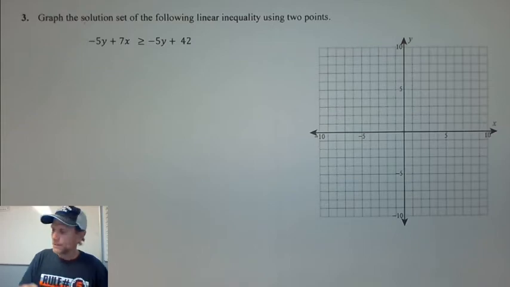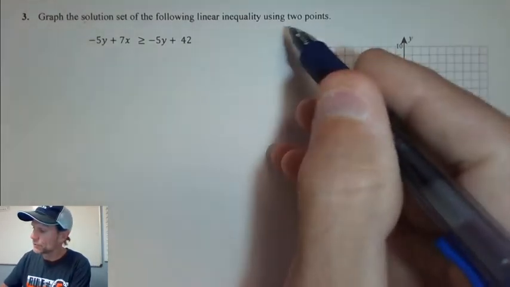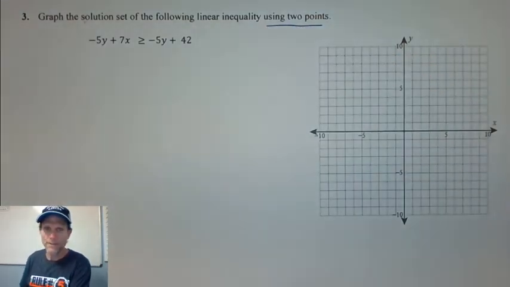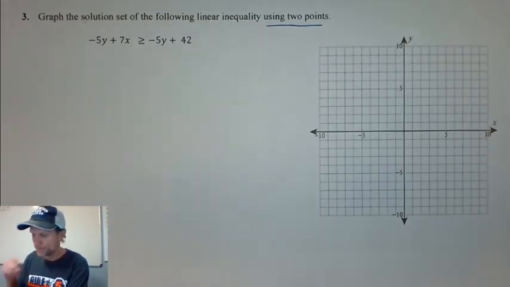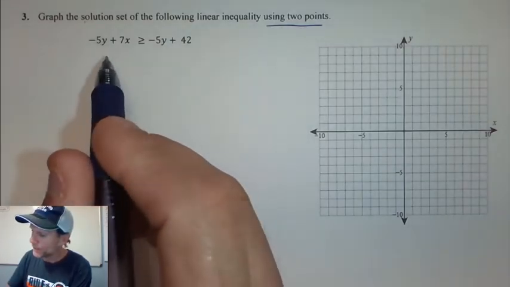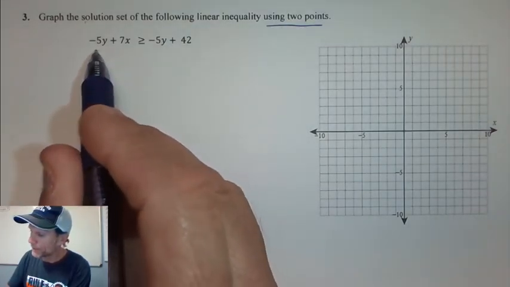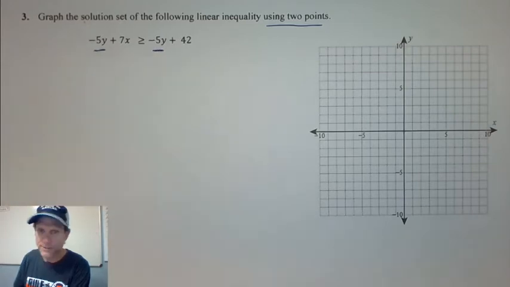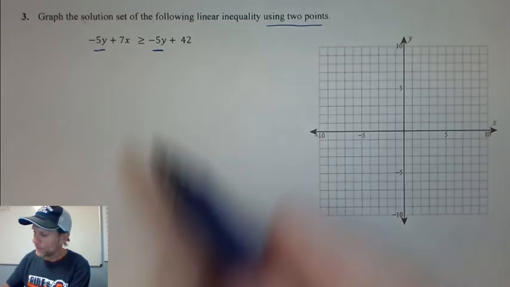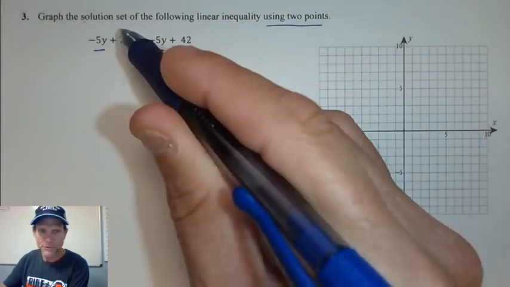Now first of all, it does say use the 2-point method. Well, when looking through this, I could just go ahead and try the intercept method. But if I do a little upfront work and I think, hey, wow, something looks a little weird here. This matches this. Now, with a little practice, you'll know that you can just cancel those out.